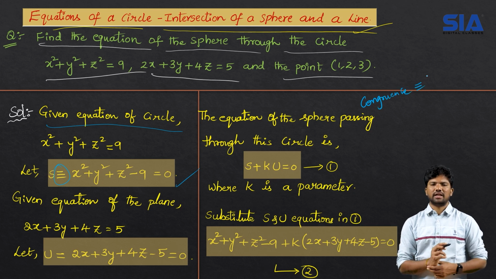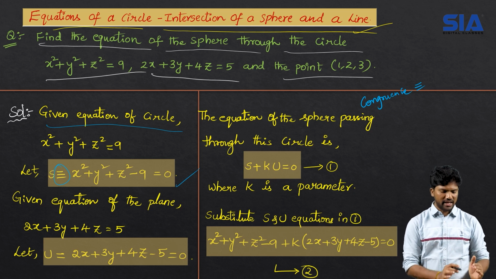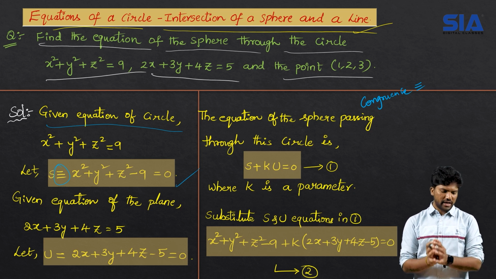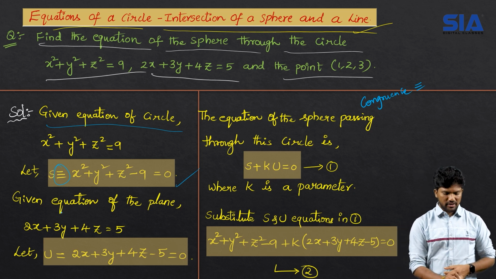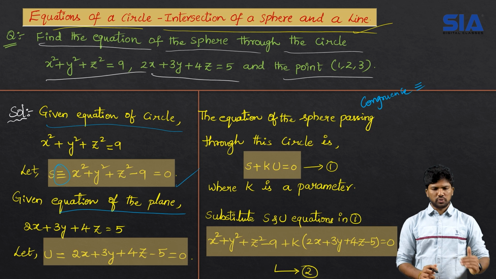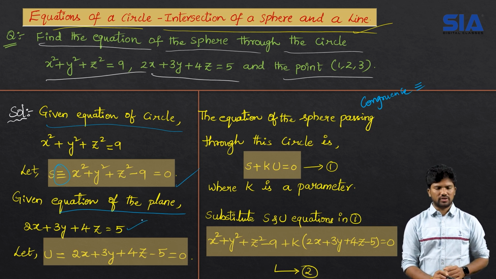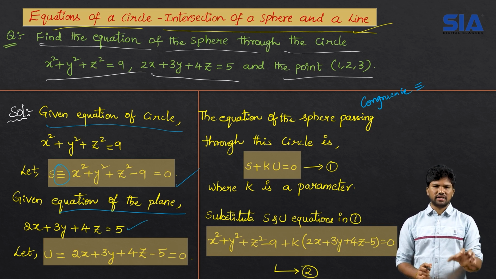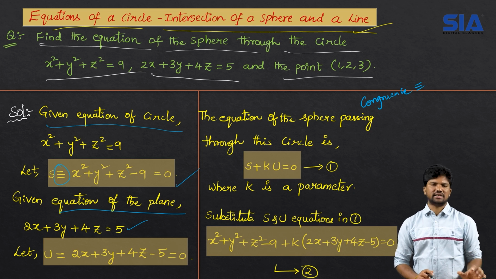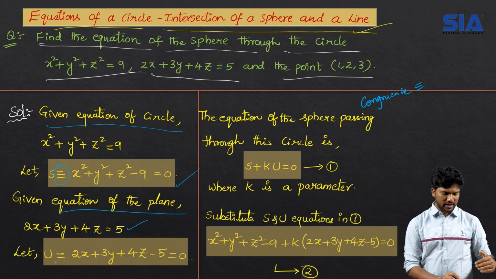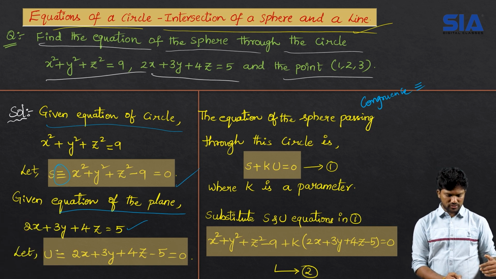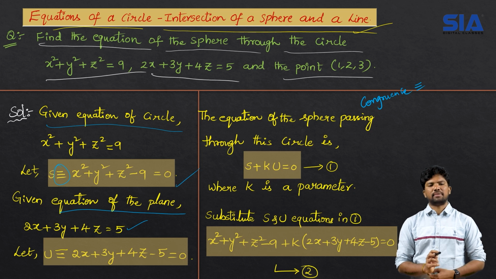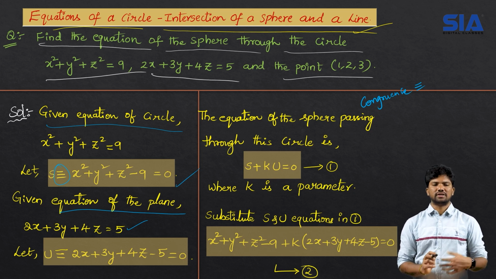So S is equal to x square plus y square plus z square minus 9 is equal to 0. Given the equation of the plane 2x plus 3y plus 4z is equal to 5, that plane also we give the standard notation with capital U. Let capital U be congruent to 2x plus 3y plus 4z minus 5 is equal to 0. That is the notation for the plane.